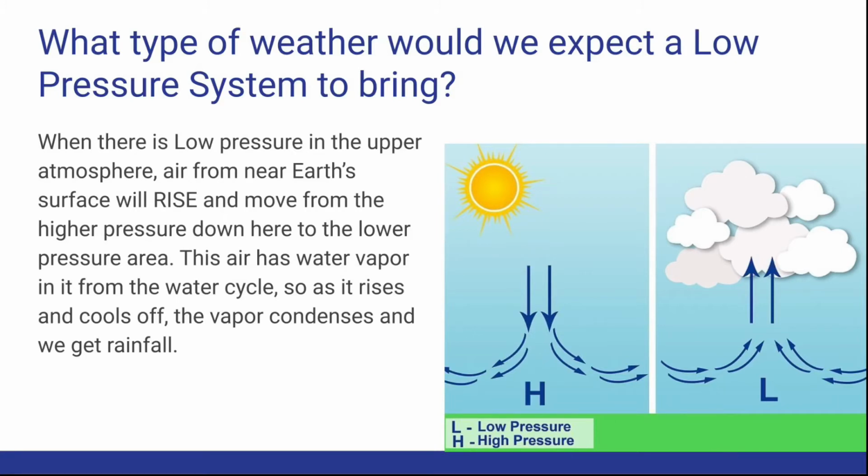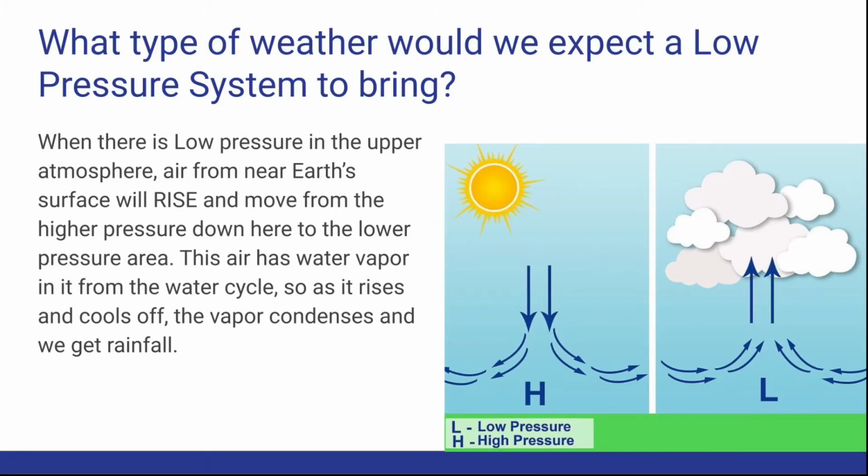So as that air rises into the lower pressure area, it's going to cool off, it's going to condense, and it's going to rain. So this is why a low pressure system usually brings rainfall with it, because we've got that moist air from down here on the surface, lots of water vapor in it from the water cycle.